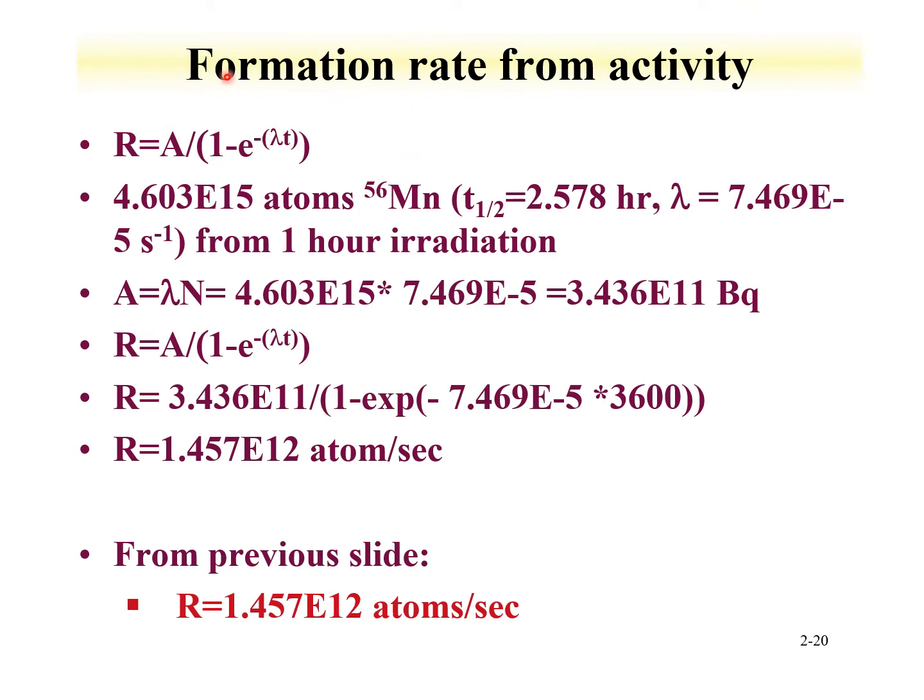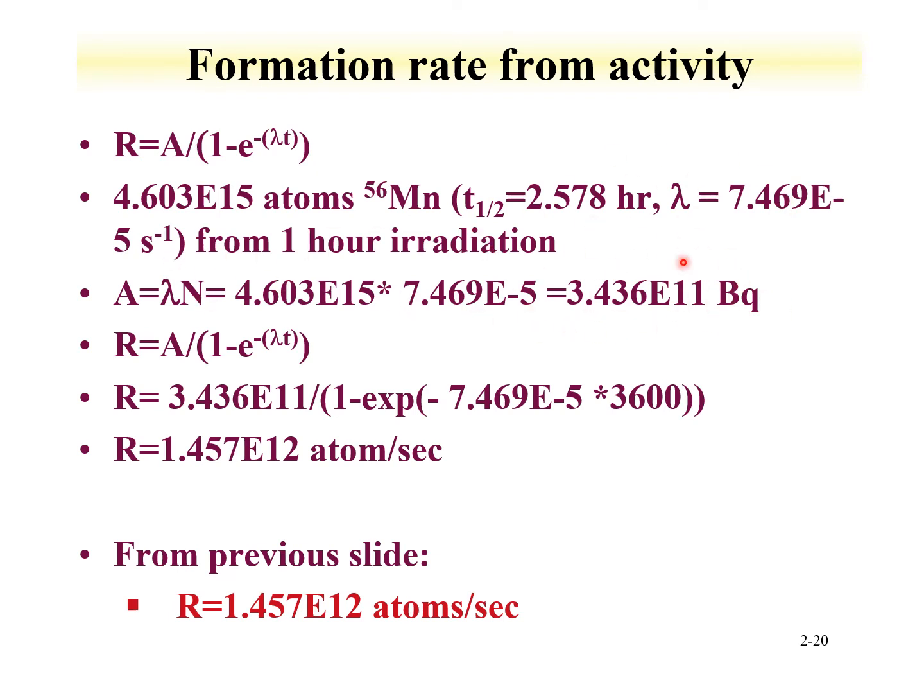We introduced this equation a few slides ago, where we can determine the formation rate based upon a measured activity and this saturation factor. So let's look at the example from the manganese 56 that we provided in the previous slide. We've gone through how we determine this value. Our activity, if I know the number of atoms of manganese 56 and the decay constant, right? So activity equals lambda N. I have that value.